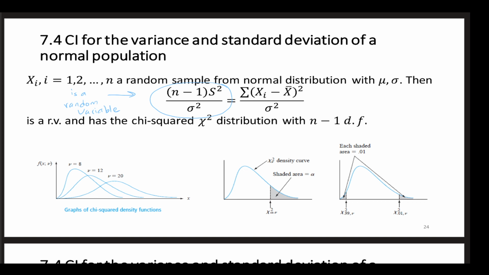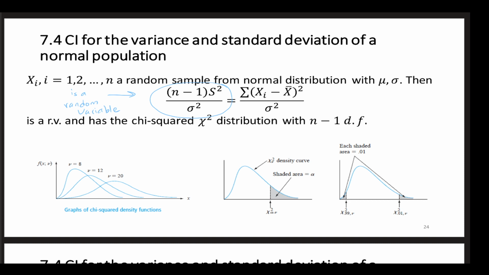This thing, n minus 1 times s squared over sigma squared, is a random variable. It varies from sample to sample. We don't know what it's going to be beforehand until we calculate it. And it's a random variable that has a chi-squared distribution.